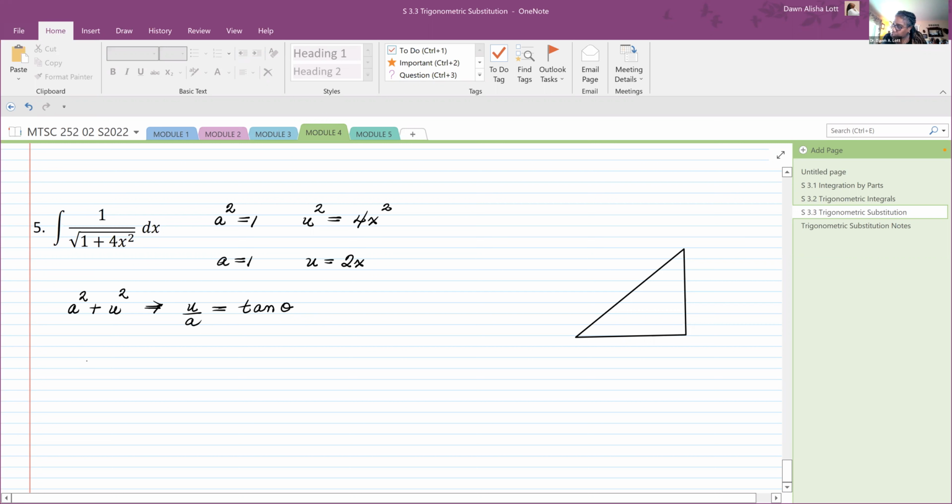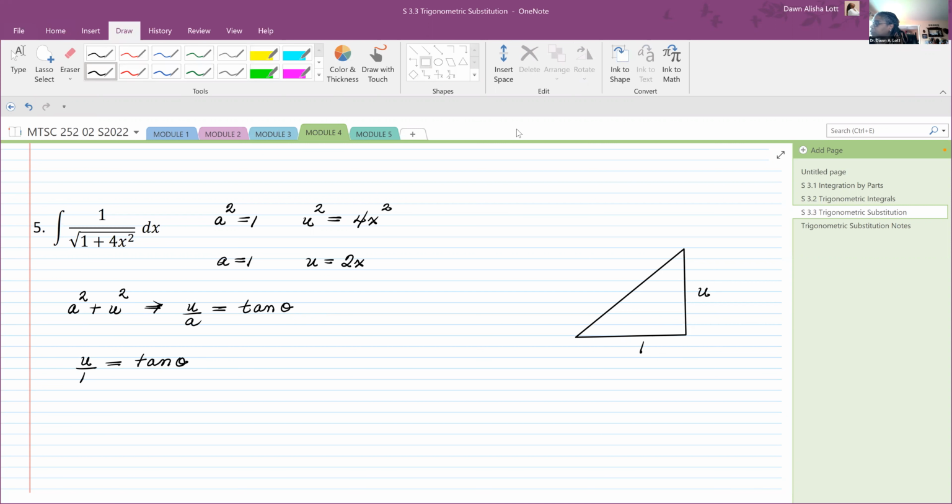All right, so u over 1 is the tangent of theta. So that means this side is the square root of 1 plus u squared. Okay, so make your substitutions. Tell me what you get.